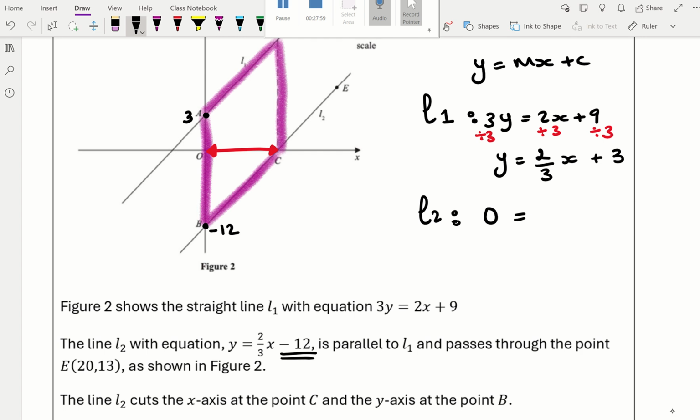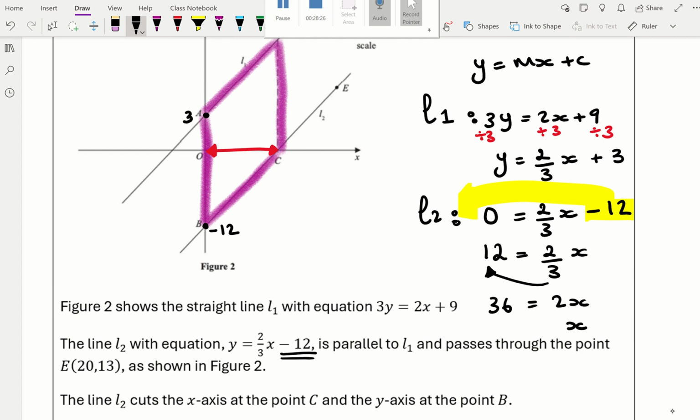So 0 equals 2/3 x minus 12, and I want to find x. I'm going to move the negative 12 to the other side. 12 equals 2/3 x. I'm going to multiply by 3. So that gives me 36 equals 2x, and x equals 18.